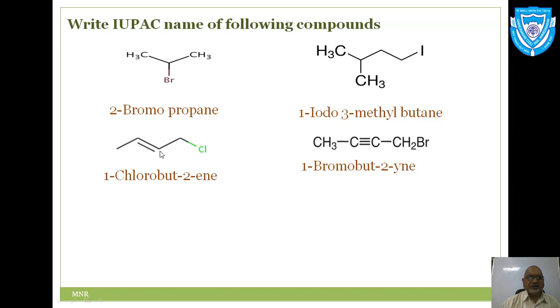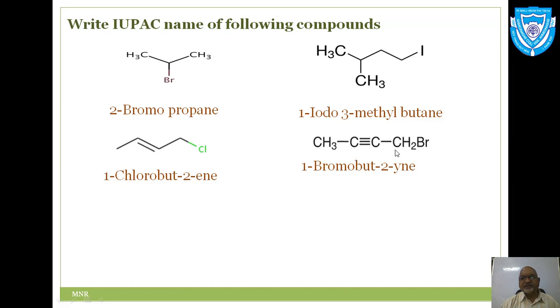So CH=CH-CH3. In all there are 4 carbons, and on the first carbon there is chlorine, and that's why it is 1-chloro. There is a double bond between the second carbon and the third carbon, and that is but-2-ene, and that's why it is 1-chloro-but-2-ene.